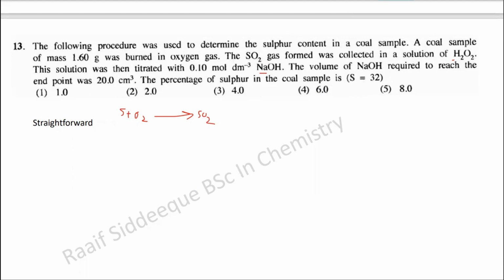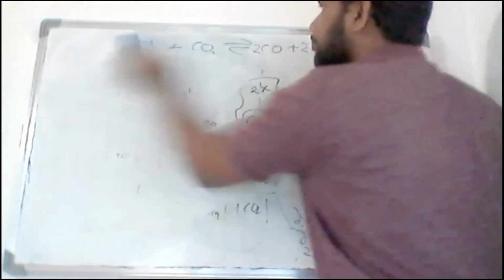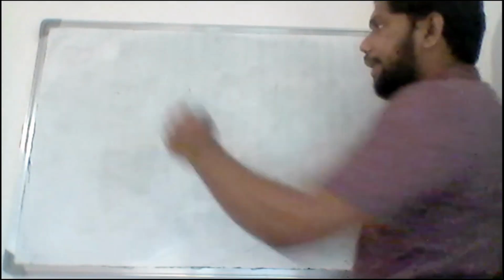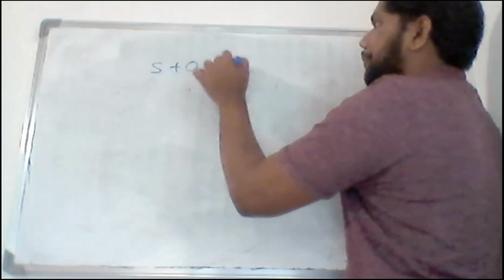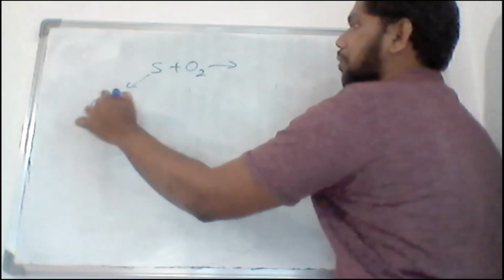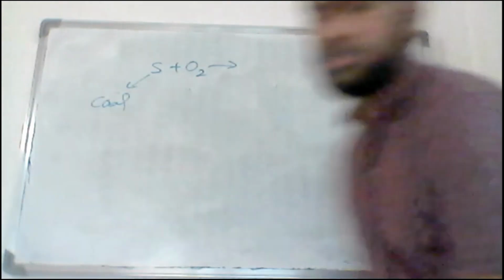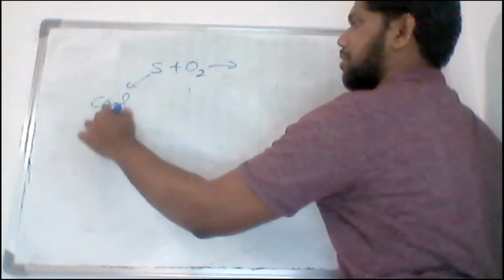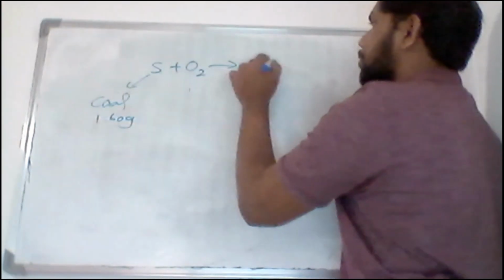Okay, so we will use the board for this one, which will be easy for us. The idea is there is sulfur in the coal sample. The weight is given as 1.6 grams, and SO2 is formed.